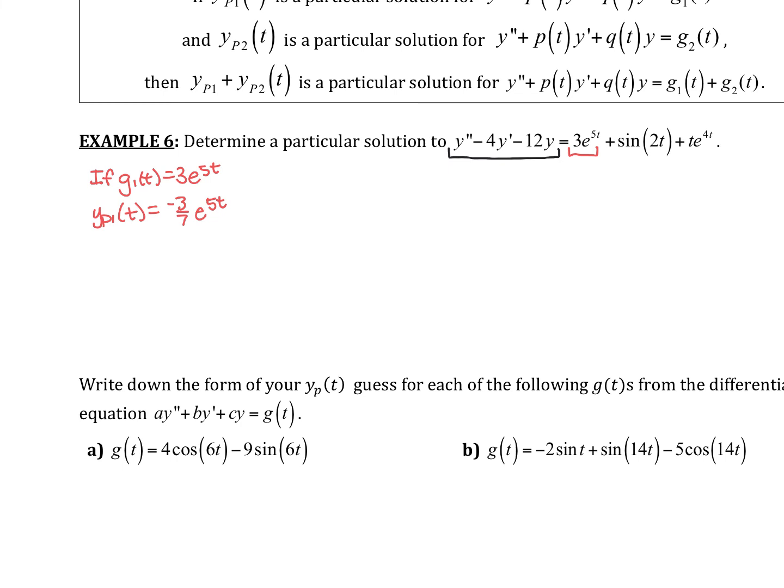That was from example 1. And we've already done the sine of 2t. That was from example 2. So if our g2 of t is the sine of 2t, our particular solution for this problem was fun, right? It was 1/30 cosine of 2t minus 1/20 sine of 2t. That was fun.